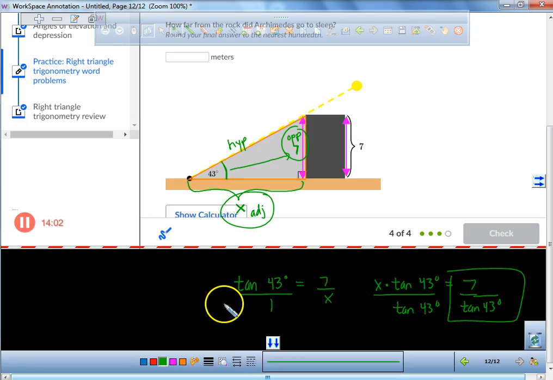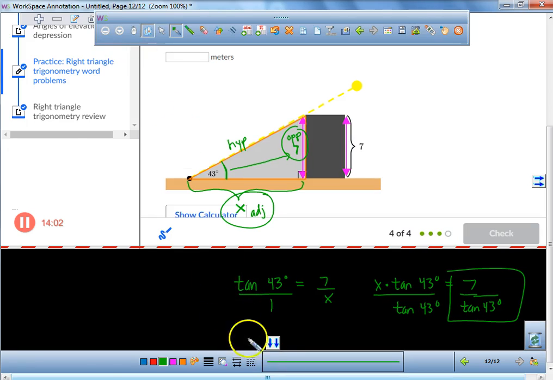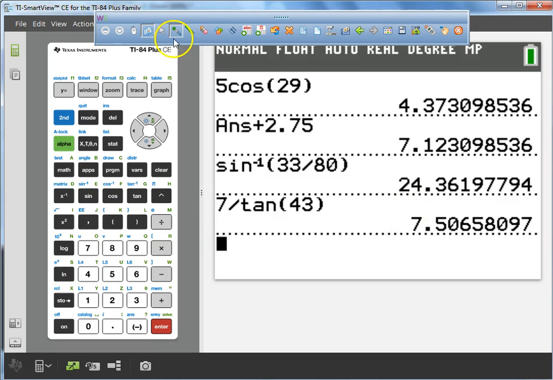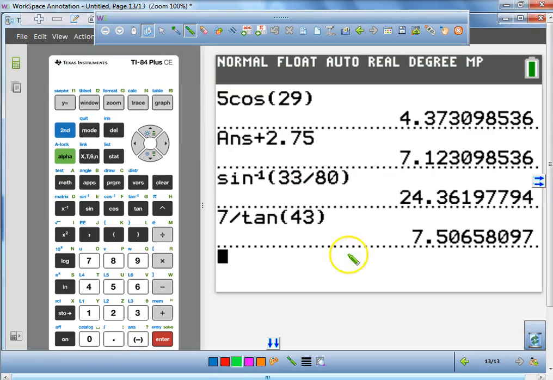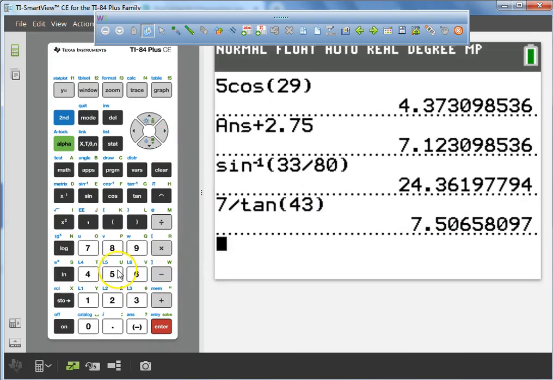Man, if I didn't round it, I'd be marked wrong. So right here, I got to round to 7.51. Okay, so I'll type it in, 7.51.